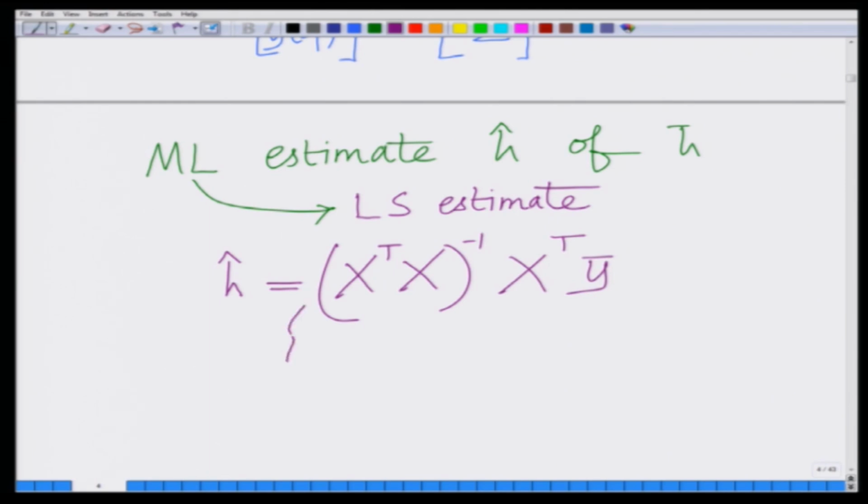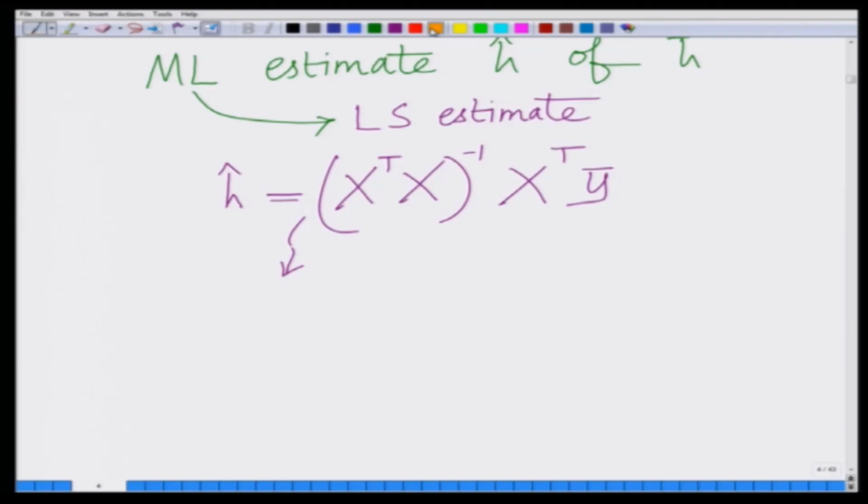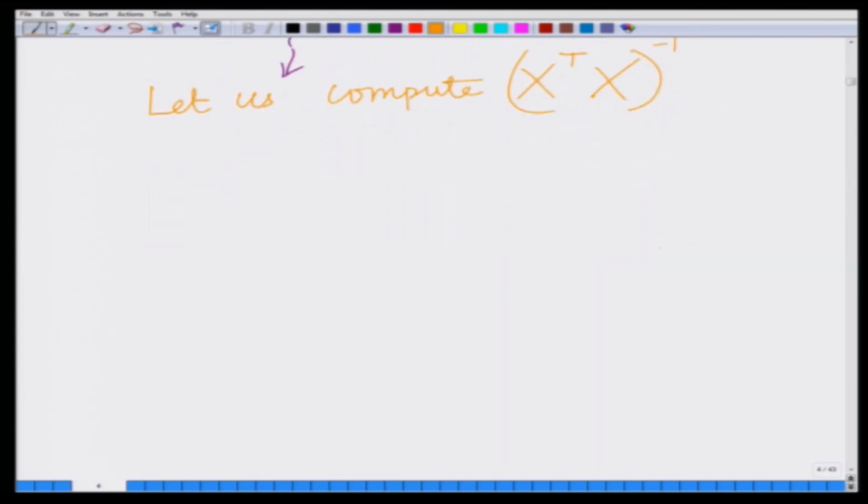So, first let us compute x transpose x inverse. X is the pilot matrix. First we will compute x transpose x and then compute the inverse naturally. So, proceeding in steps, I would like to first compute x transpose x inverse.